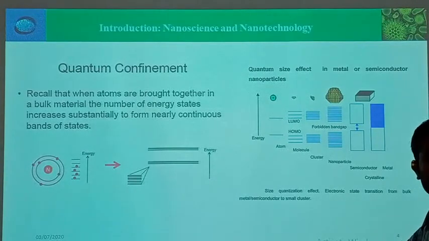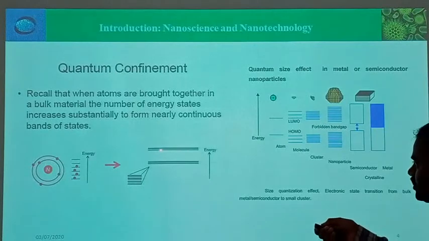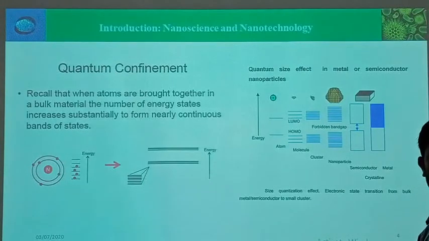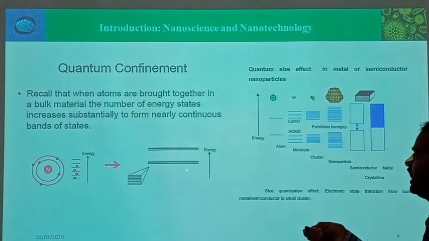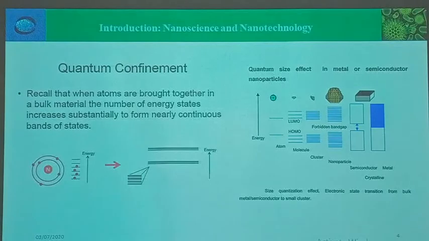Each atom possesses its own energy levels. When they come together, the energy levels mix, forming continuous bands. Each energy level has its own energy, but when they come together, it looks like a continuous band structure. How can we distinguish between these bands? From this figure you can understand easily.